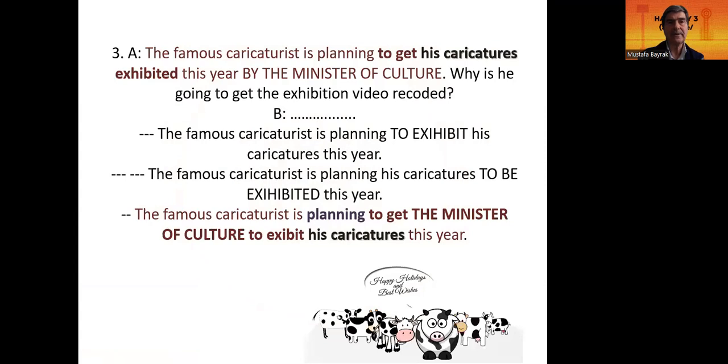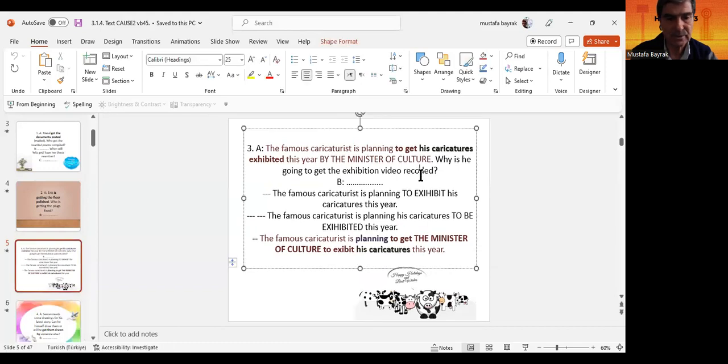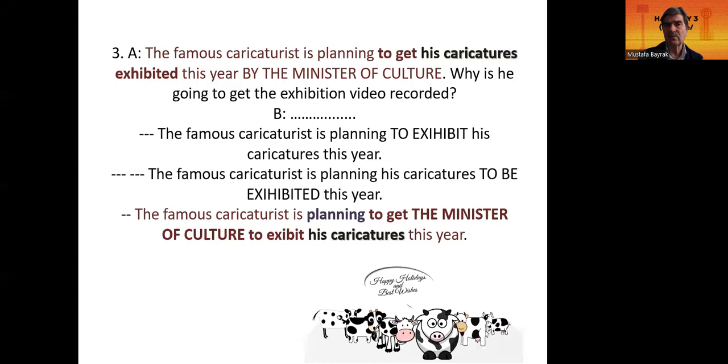Now, dialogue 3. The famous caricaturist is planning to get his caricatures exhibited this year by the Minister of Culture. Why is he going to get the exhibition video recorded? Recorded, okay? This is important for us.